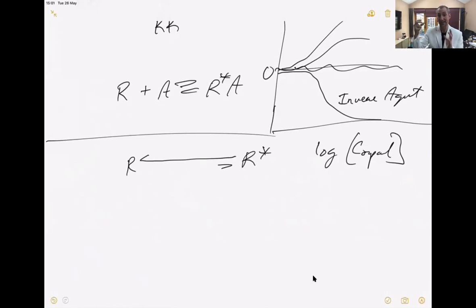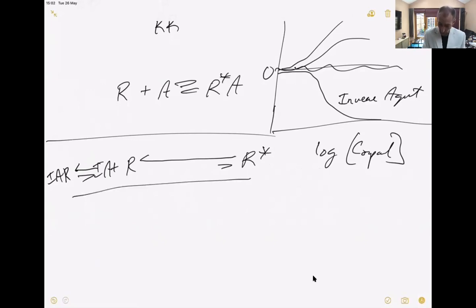An inverse agonist, I'll abbreviate IA, binds to the inactive receptor and it forms an equilibrium and we get IAR, an inactive receptor bound to the inverse agonist.